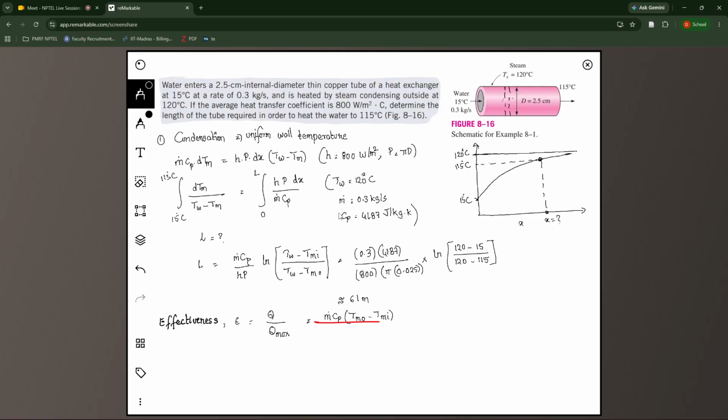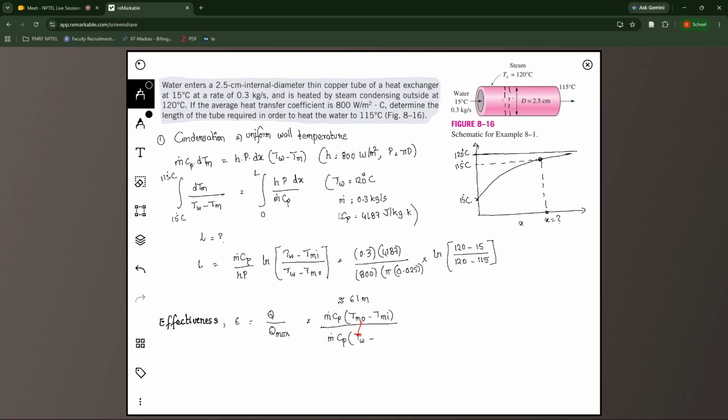This is the actual heat that is transferred. As the water moves from here to here, Tmi is the inlet temperature, Tmo is the outlet temperature. So m dot Cp times delta T gives you the net heat that the water absorbed from the steam. What is the maximum heat that this particular configuration can absorb? It can take heat until the outlet temperature becomes equal to the wall temperature.